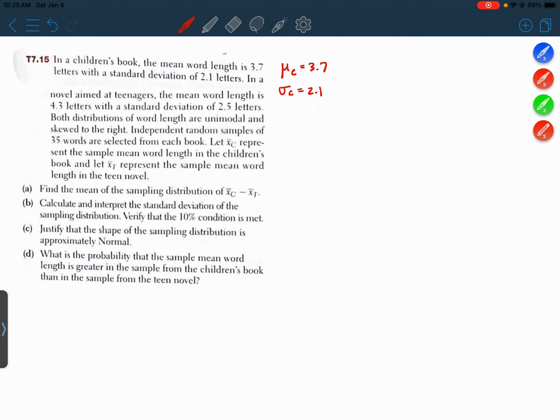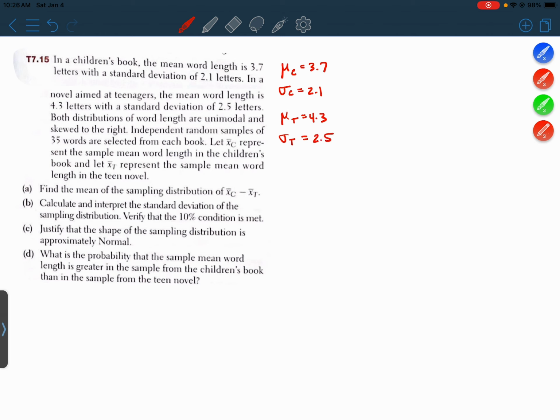Okay, same thing with the next sentence, 4.3 and 2.5. That's the mean and standard deviation for all the words in the teen book, right? So those are population values. So we could write mu T equals 4.3 and sigma T equals 2.5.